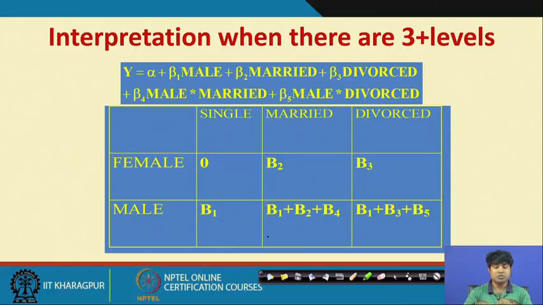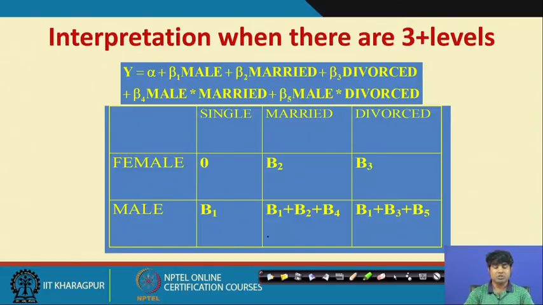Similarly, if it is married, then this will be multiplied with 1, because that is the answer for yes, and as a result beta 2 will be added into the process.